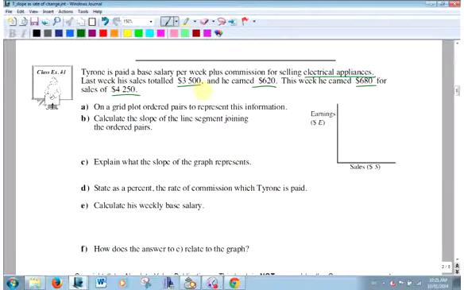Let me say this two ways. The amount he gets paid depends on how much he sells, for sure. Let me say the first one again differently.